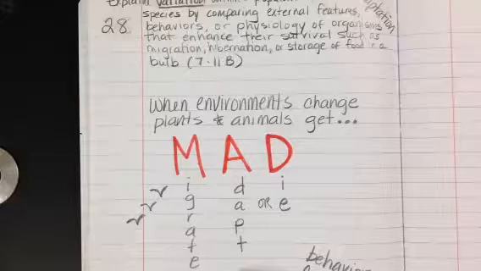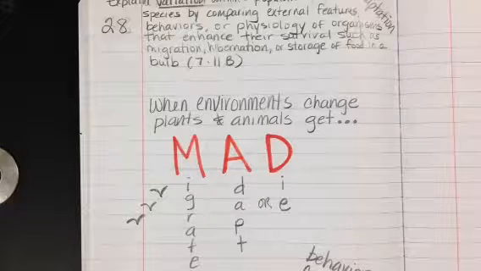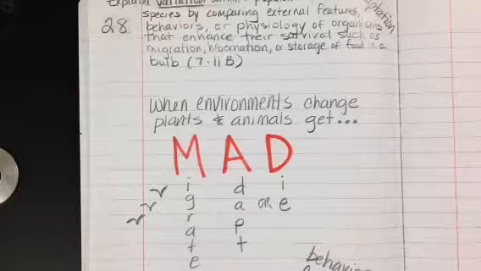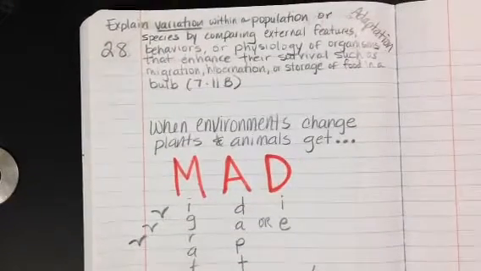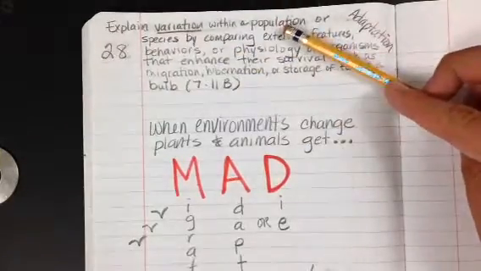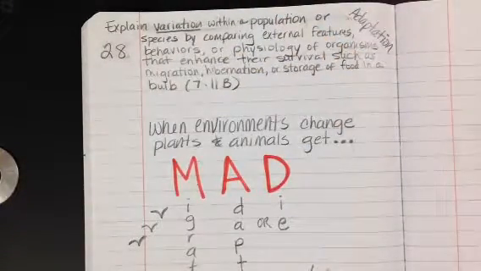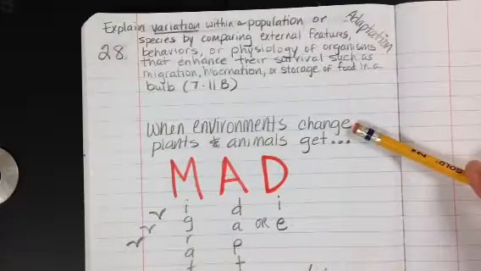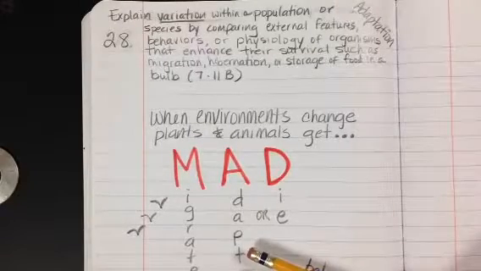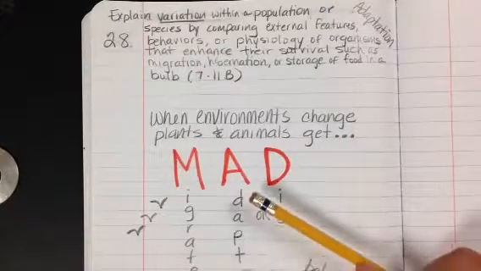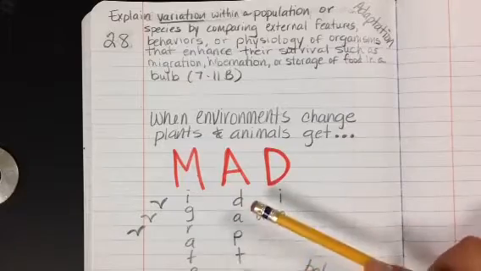So we had these factories that started polluting more, and we had peppered moths that were in that area. Well, the white peppered moths with the black spots started to decrease because as an entire species, okay, and we're talking as an entire population, they couldn't survive in that area because there was a change. Okay? So the black peppered moths with the white specks were the ones that ultimately were the majority. Okay? So as a species, they adapted.